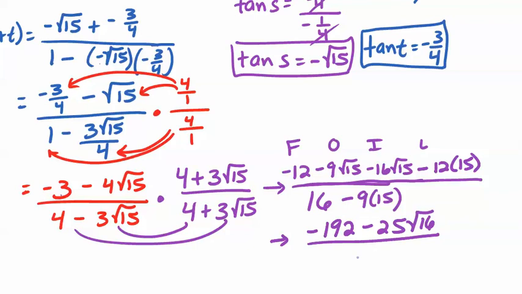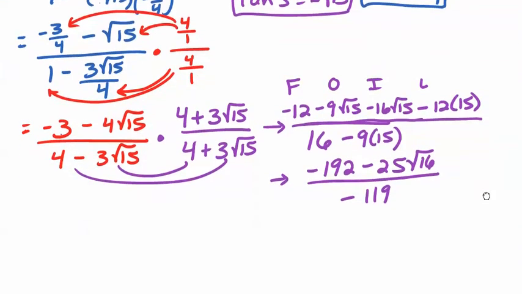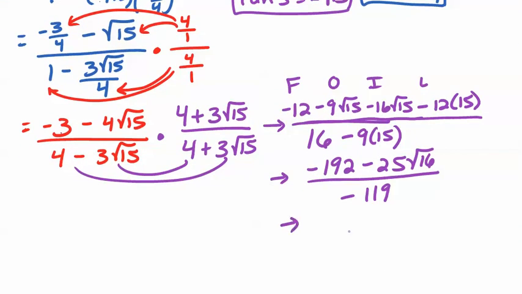And in our denominator, we have a 16 minus a 135. So that should give us a -119, if my arithmetic is right. You can check that out with a calculator. Notice all three of these are negative terms. So one more thing I would do here, I would factor and divide out a negative. So we would come up with this answer.